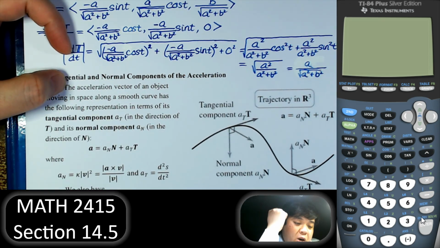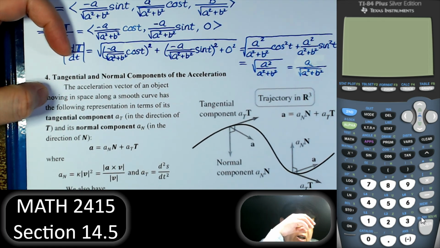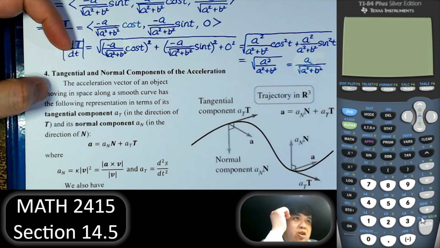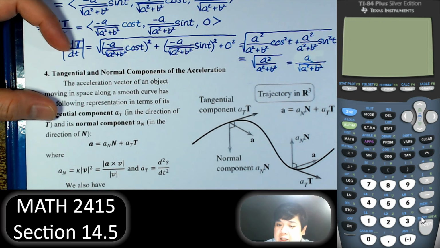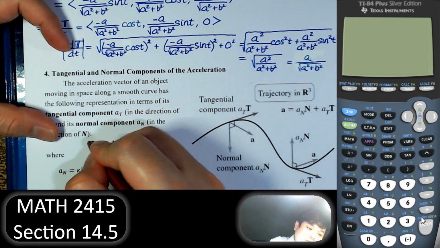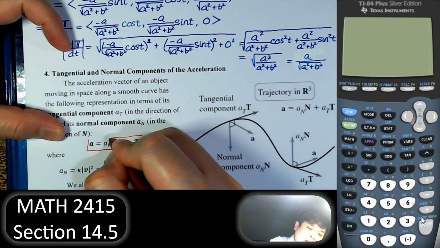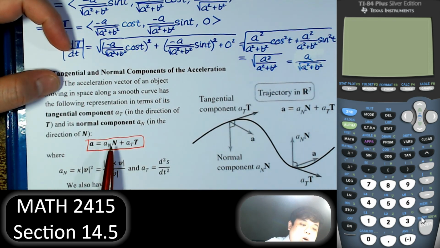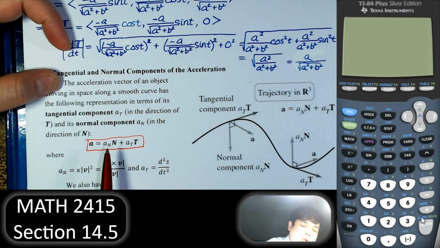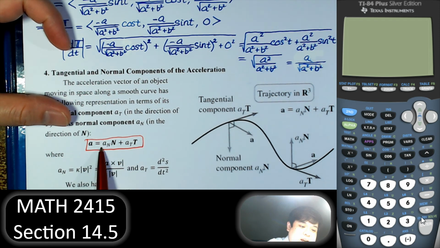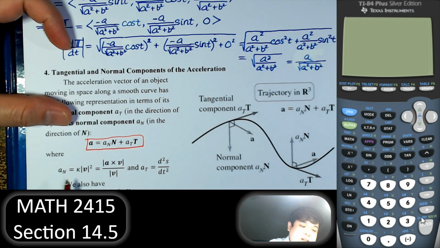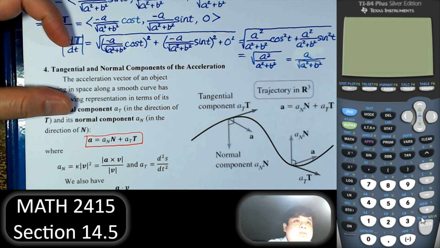It says the acceleration vector of an object moving in space along a smooth curve has the following representation. So now we can represent the acceleration in terms of the principal unit normal vector and the unit tangent vector, with the coefficients given by those.